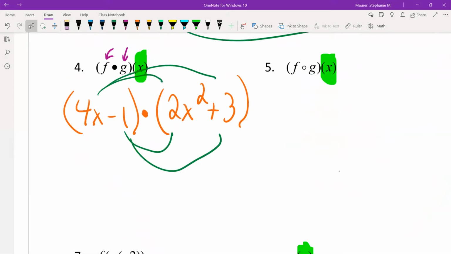And that's why a lot of times in class, I actually encourage you guys to rewrite the problems so that it would look more like this, f of x times g of x. That way you can see where this x is going. It's going right behind the f and right behind the g, but it does not affect the other side of our equation.